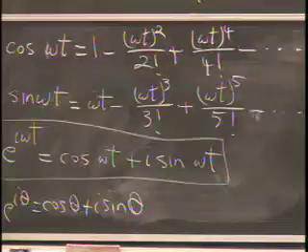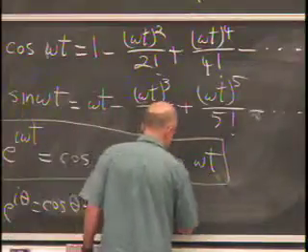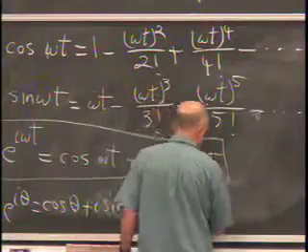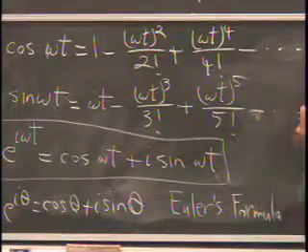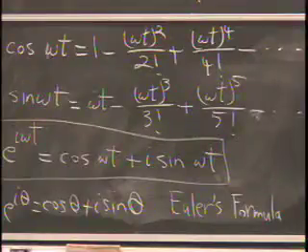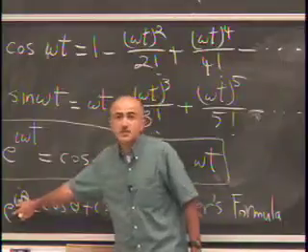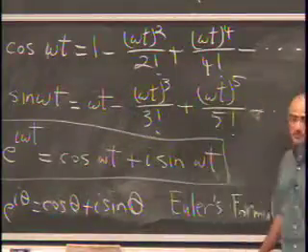This is called Euler's formula. It's developed in Appendix B. And this is what makes it clear why e to the i omega t, or e to the i theta, is actually sitting on the unit circle.